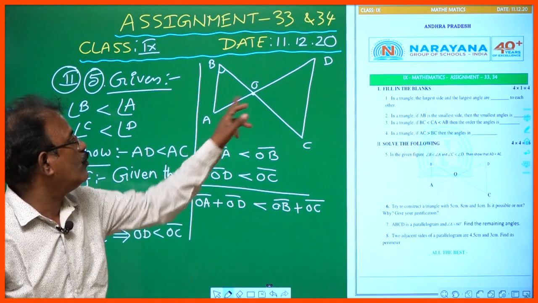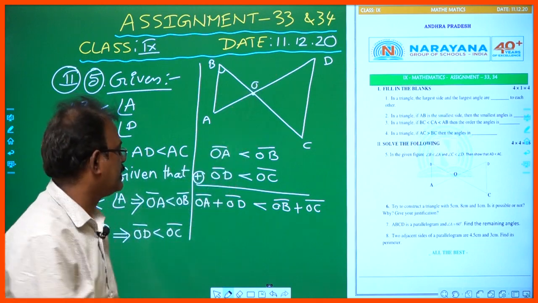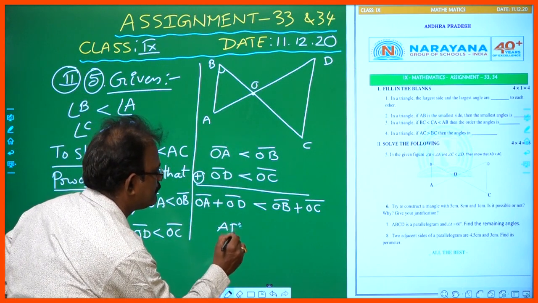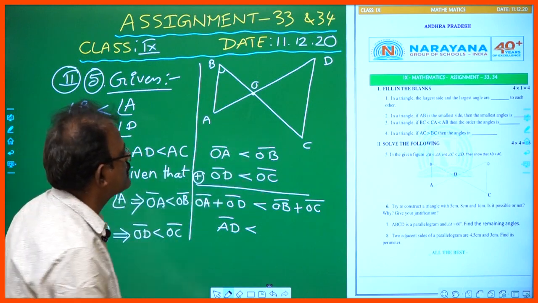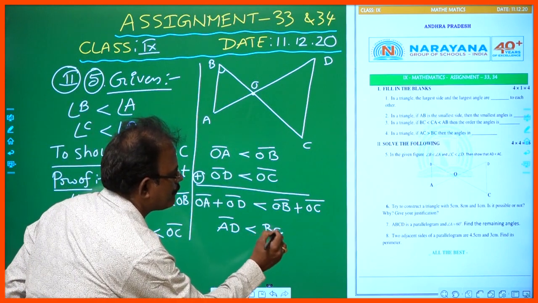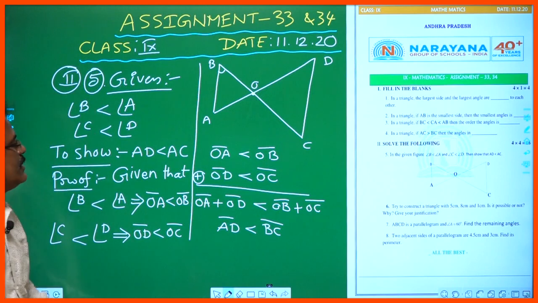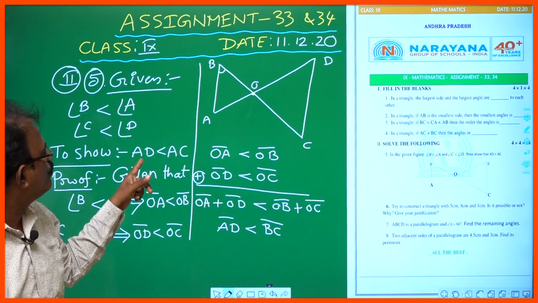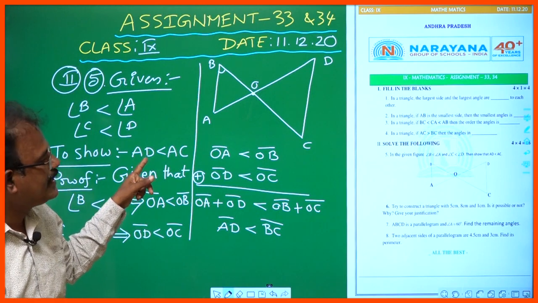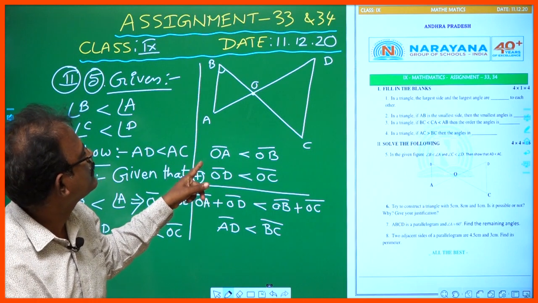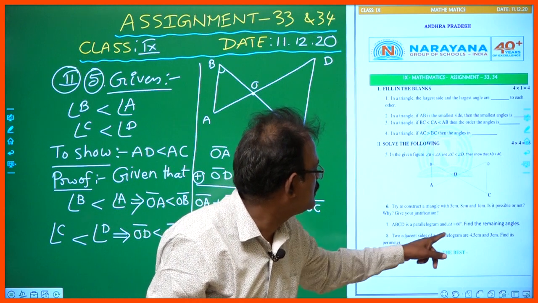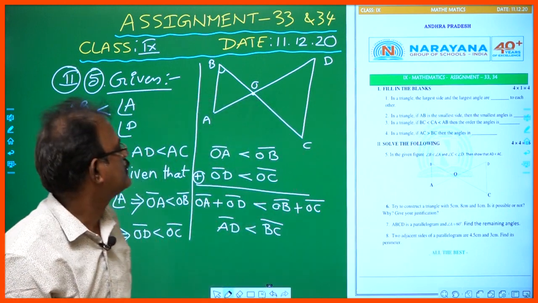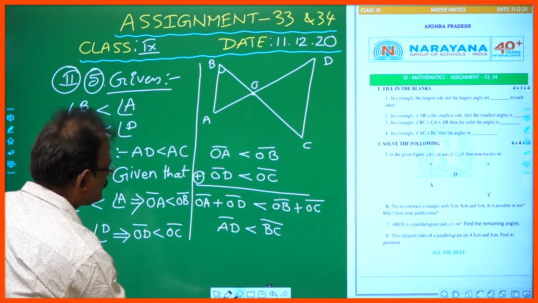If you add OA and OD, which is nothing but AD, and if you add OB and OC, which is nothing but BC. So we need to show AD less than, this is not AC children, this is BC.